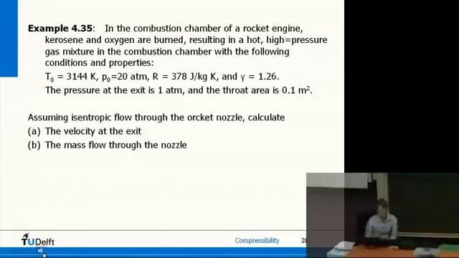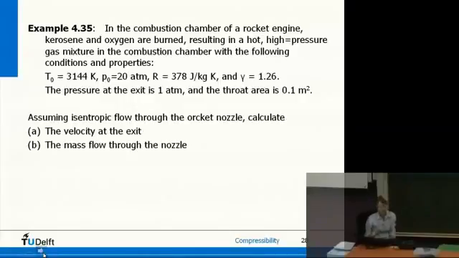Assuming isentropic flow through the rocket nozzle, calculate the velocity at the exit and the mass flow through the nozzle. Okay, so let's start with the velocity at the exit. Any ideas what relations we can use? Velocity at the exit.